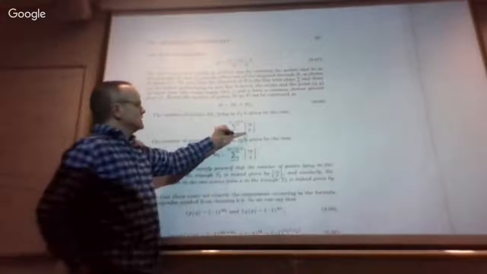If you look over here on the page, the number of points in T1 is M1, which is this formula here with the n replaced by q.